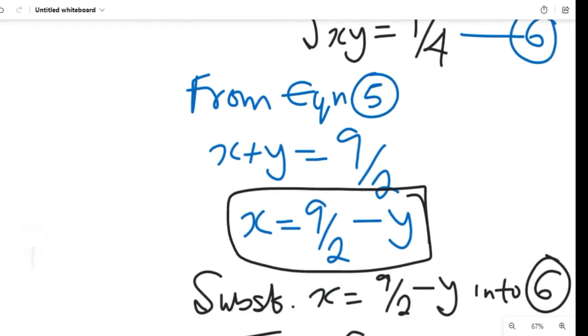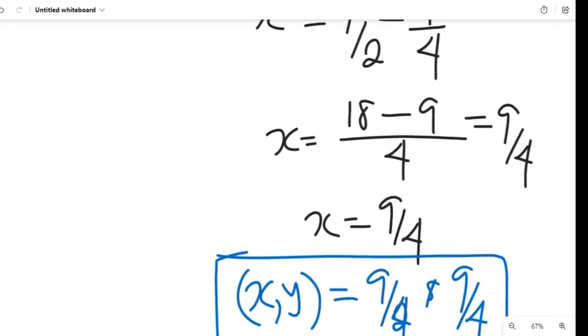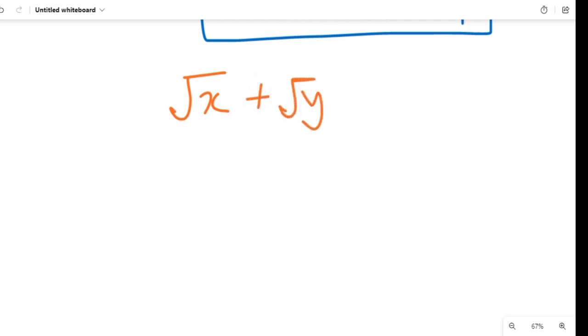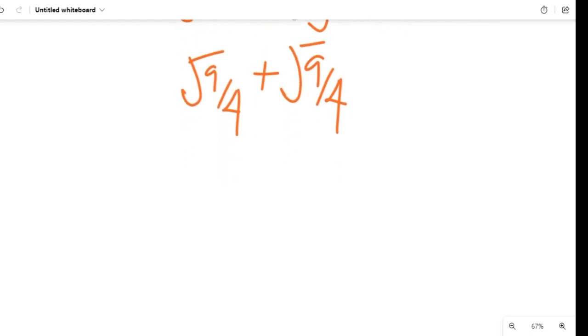Inserting x equal to 9 divided by 4 and y equal to 9 divided by 4, we have the square root of 9 divided by 4 plus the square root of 9 divided by 4, which gives us 3 divided by 2 plus 3 divided by 2.